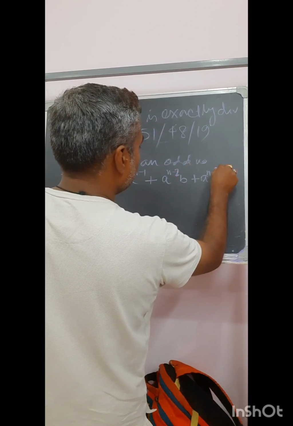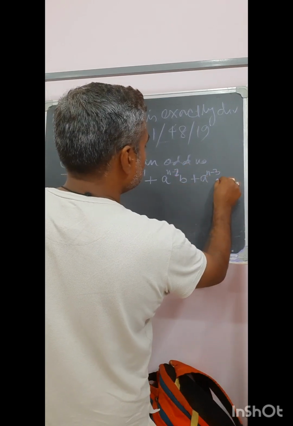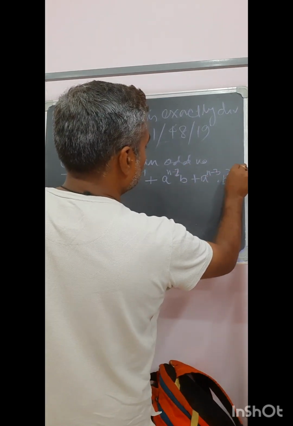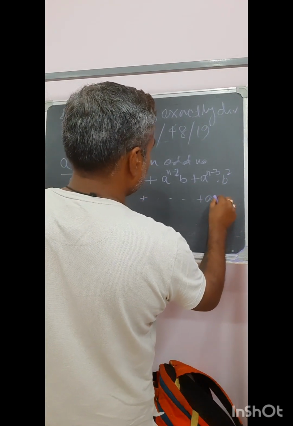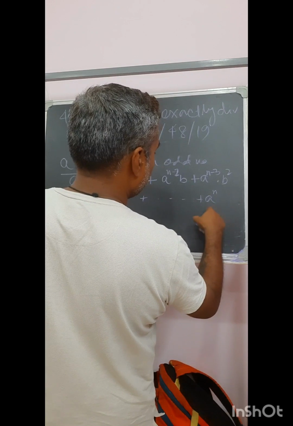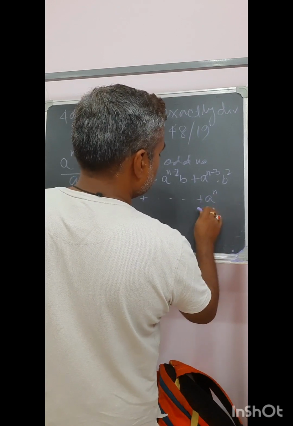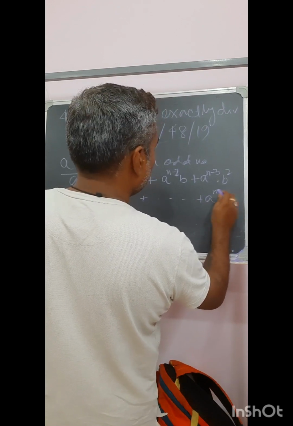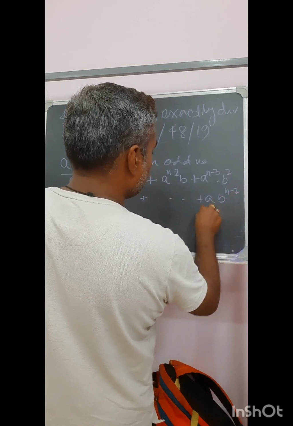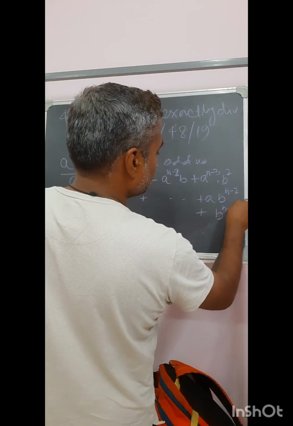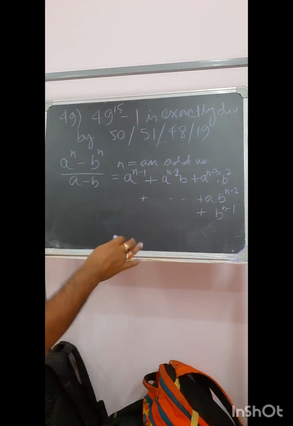This will be 2, this will be 3, and b will increase by a power. So it will go on until a is exhausted. I am writing the second last term, a b to the power n minus 2, and the last term is b to the power n minus 1.